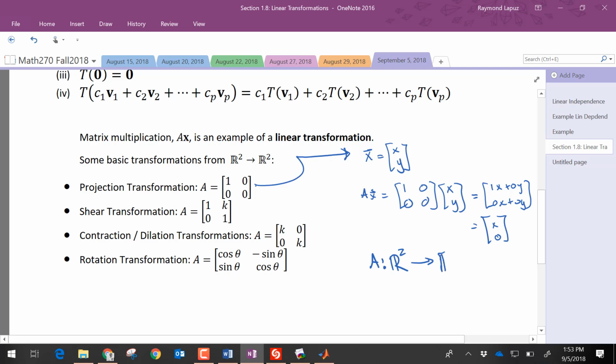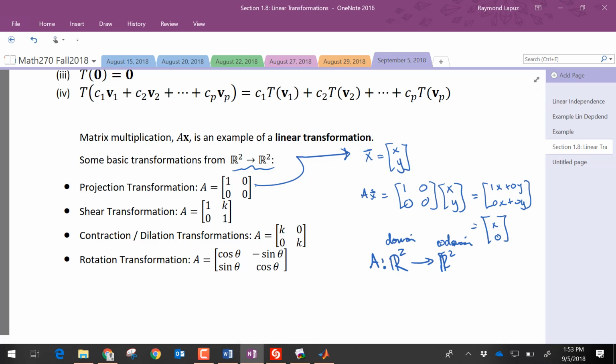R2 also. That's R2 to R2. So we can say that the domain and the codomain are both R2.